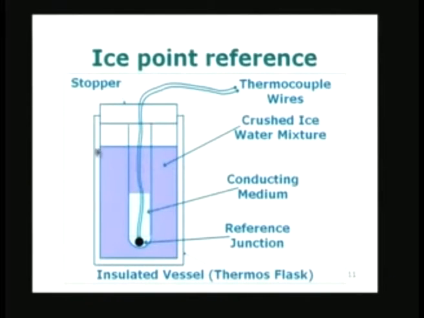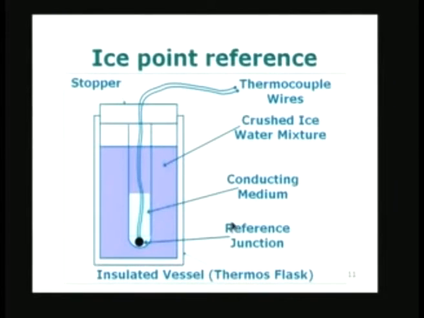What I have here is a large vessel. Normally we use a double walled thermos flask. Inside that I have a long tube, into which I have put the thermocouple wires, and there is a junction formed right here.